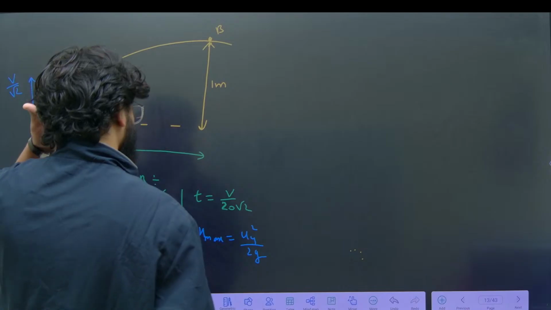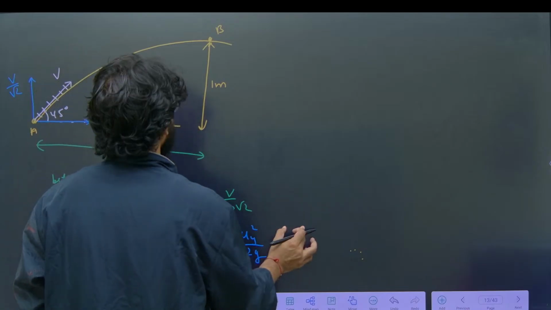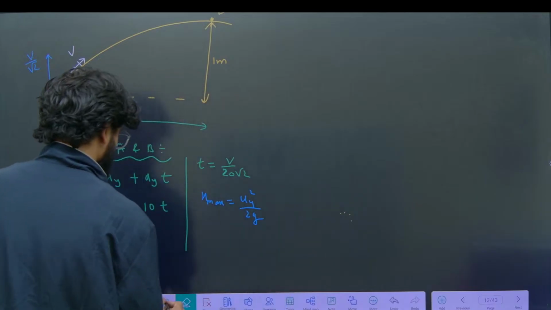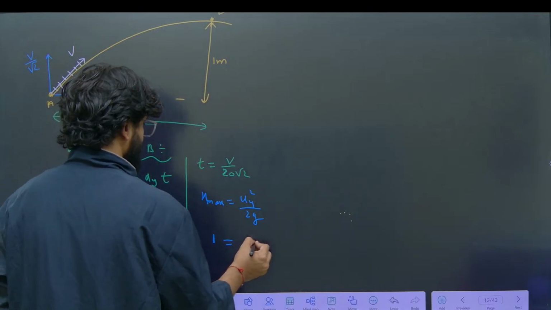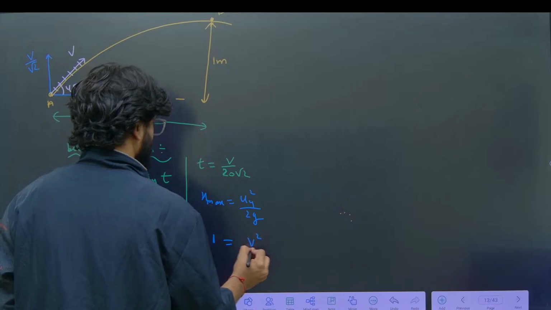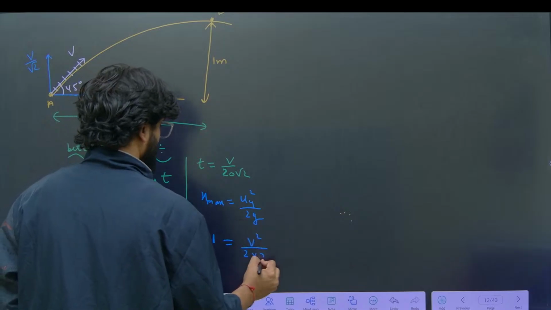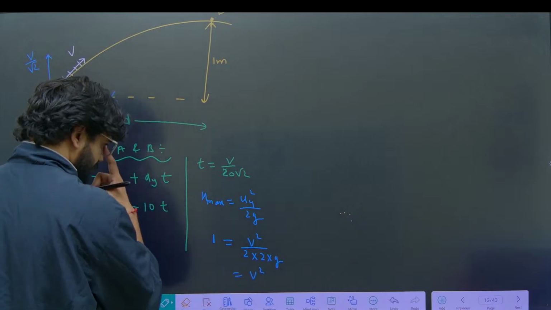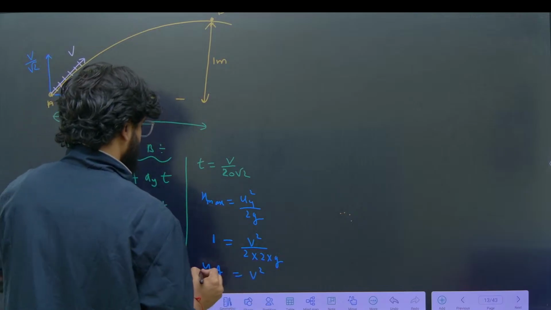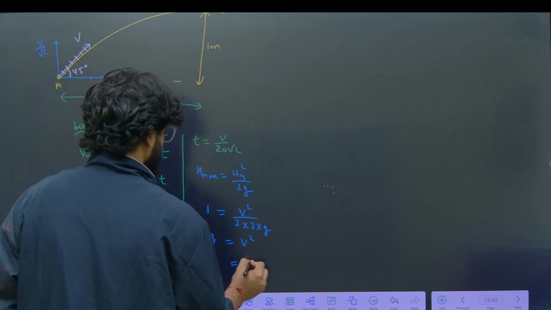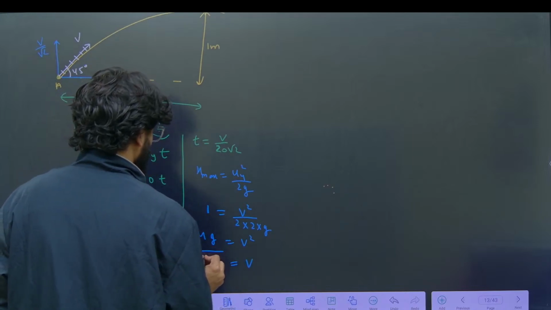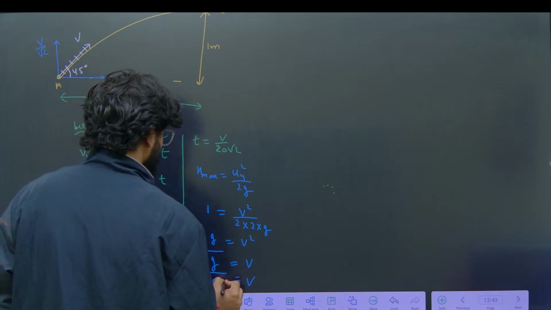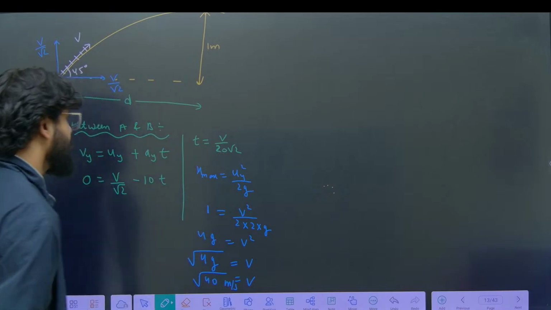So we can get 1 equals v square by 2 into 2g. So v square you are getting as 4g. So v is nothing but under root 4g or under root 40 meter per second. This makes the question a little easier.